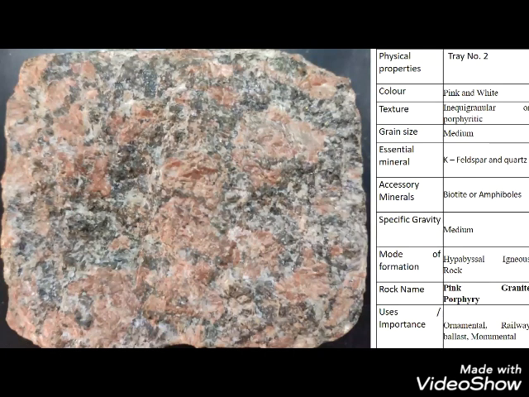Since the light colored minerals are high over here, you write this as medium. And since it is inequigranular texture, the mode of formation you can comprehend is hypabyssal igneous rock. Based on all this observation, you have identified this sample as pink granite porphyry.